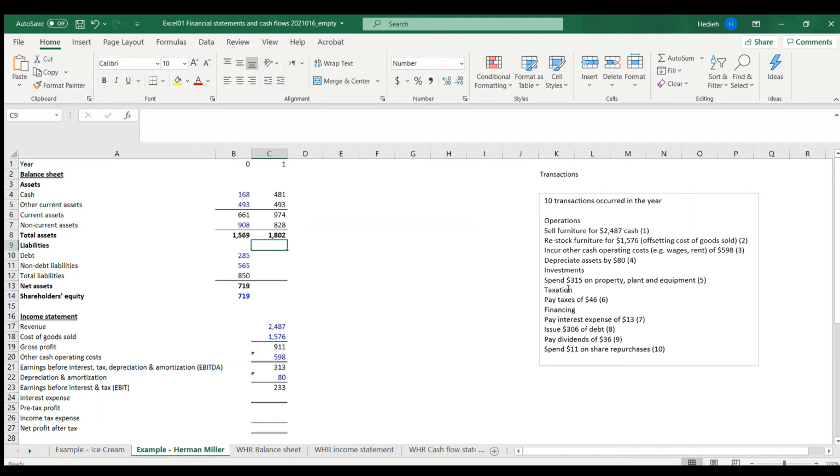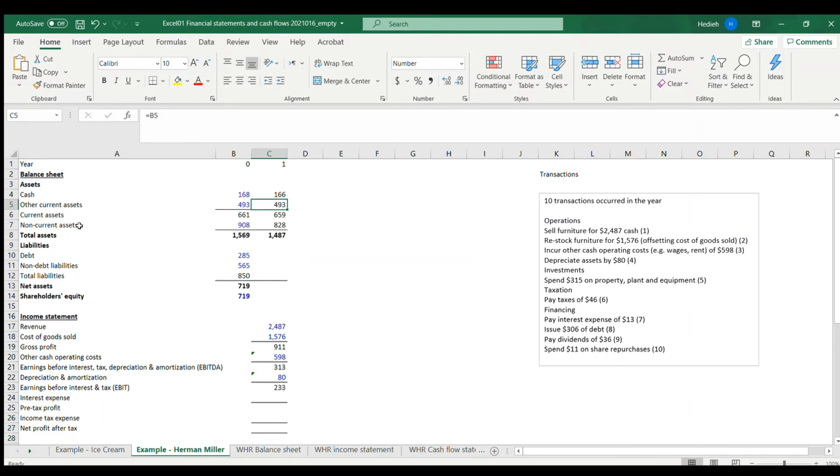The next transaction is spending $315 on long-term assets, on property, plant, and equipment, or PP&E. First of all, you are paying in cash, so your cash holdings should be affected. So let's subtract this amount from our cash holdings. And on the other hand, we are increasing the level of our long-term assets by $315.